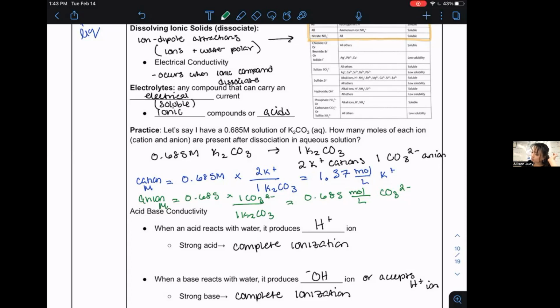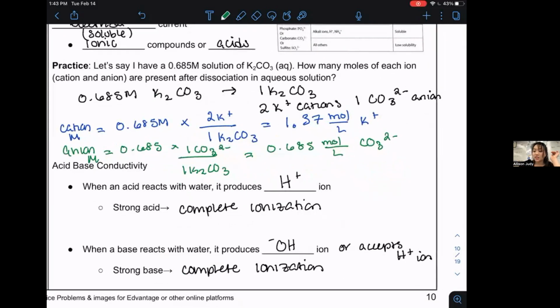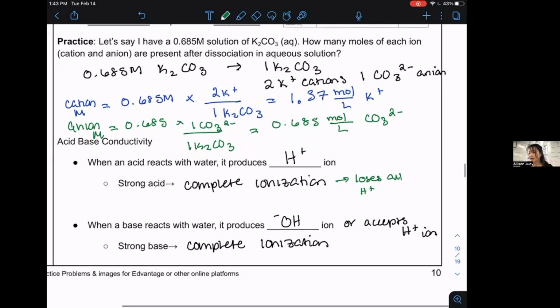Okay. So, and I started filling this in because I knew I was going to want to break from handwriting. So the next thing I want to talk about is acid-base conductivity, because I mentioned earlier, okay, acids are also electrolytes. So when an acid reacts with water, we say it produces an H+ ion. And we'd say that a strong acid, by the way, is able to completely ionize. By completely ionize, I mean it loses all H+ ions, okay? Separates from them.